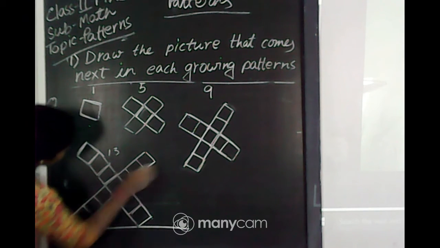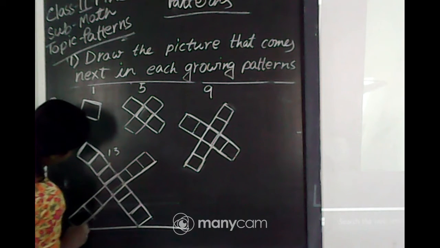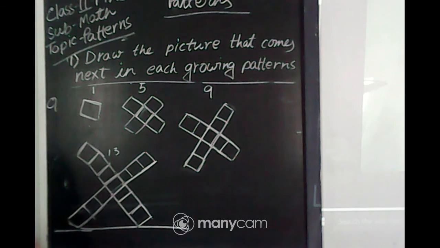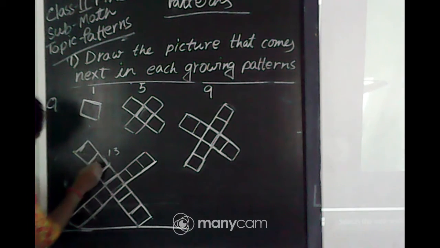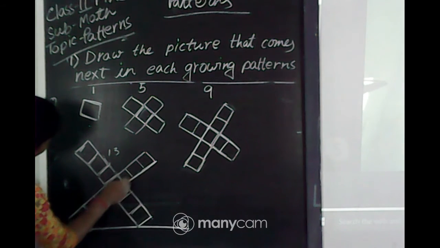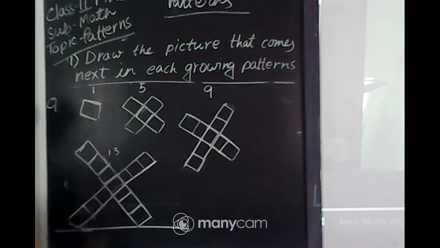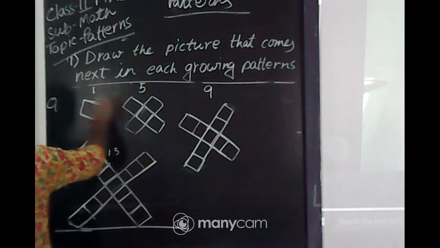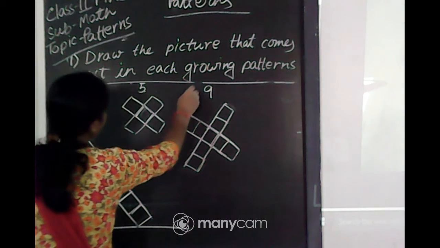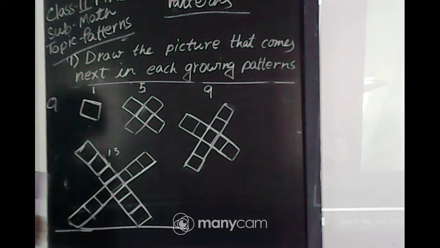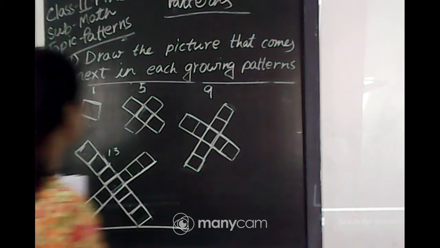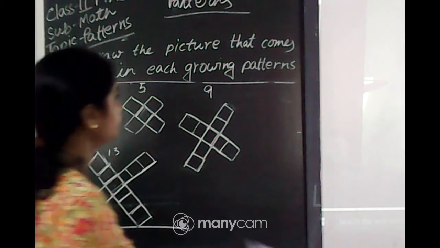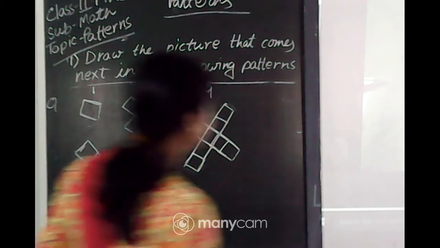So count. This is also a pattern. Okay, 13. Please draw it nicely. 1, 2, 3, 4, 5, 6, 7, 8, 9, 10, 11, 12, 13. Increase 4: 1, then 5, 5 plus 4, 9, 9 plus 4, 13. Auditro, what happened? Next. Can I wipe the board?